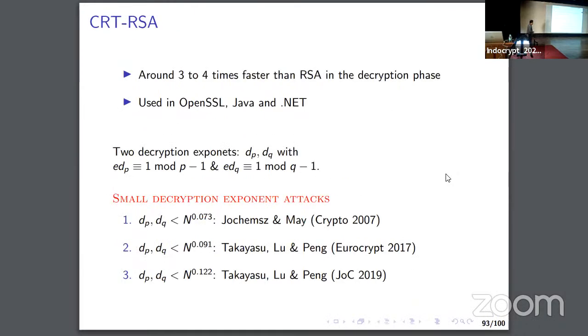Sorry, they first obtained this bound, and again with some small tweak, they got this improvement. Okay. So the technique of 1 is completely different. The technique of 2 is completely different from 1, but 2 and 3 are more or less similar techniques, with only some tuning of parameters.